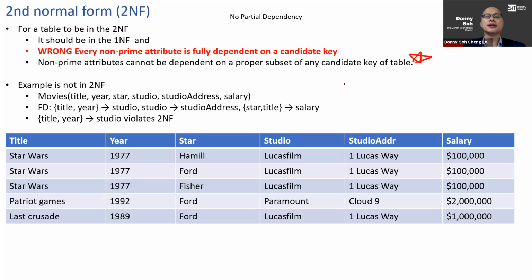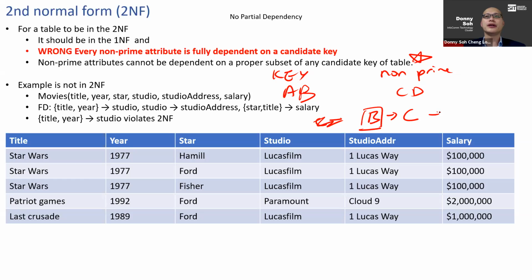Meaning that if I have key A, B and non-primes C, D, I cannot have B imply C, because a non-prime cannot be dependent on a proper subset of the candidate key.